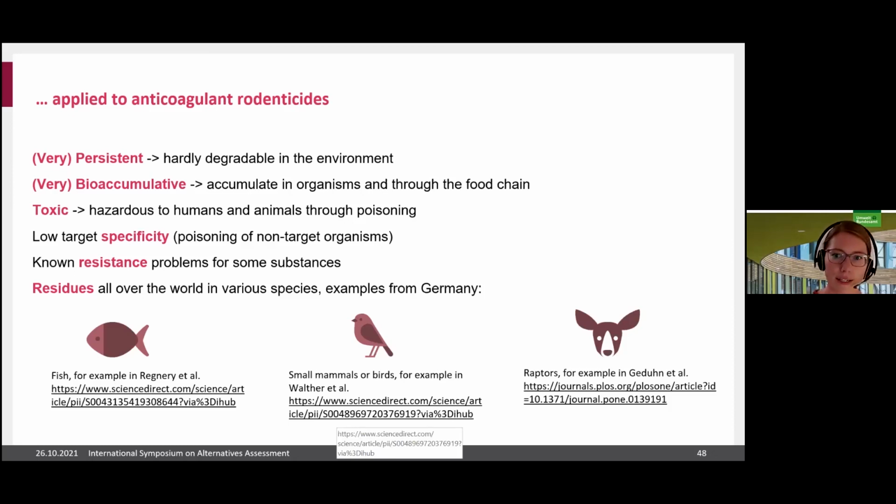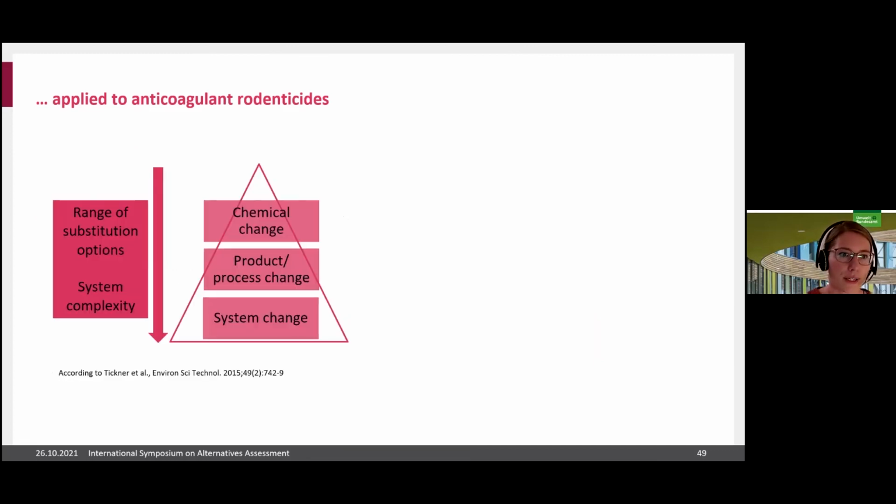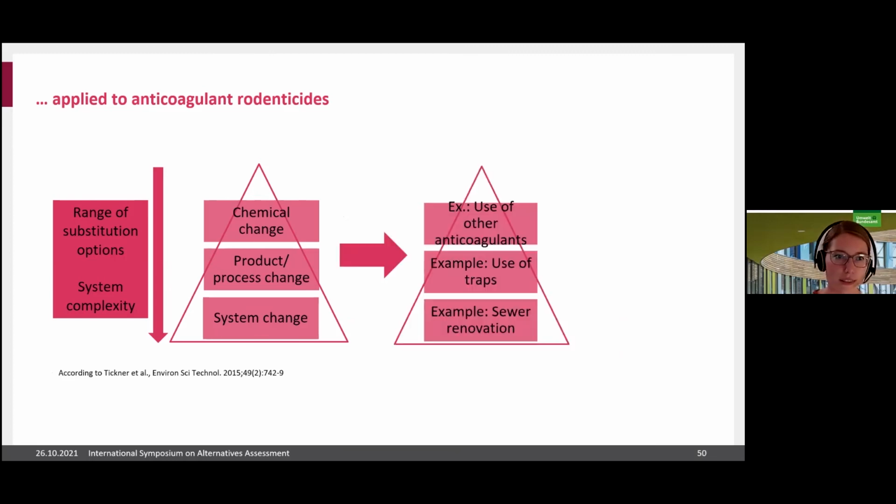are complete substitutes for those, and also the non-chemical alternatives cannot solve all problems. So we're trying to find ways to substitute them. Those substitutions can take place on the different levels of functional substitution.